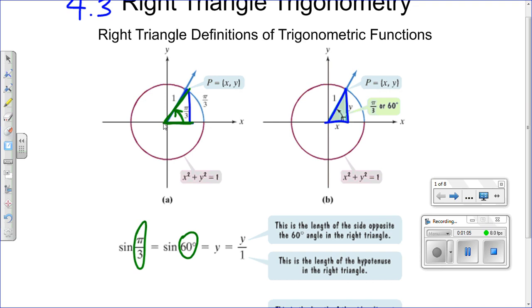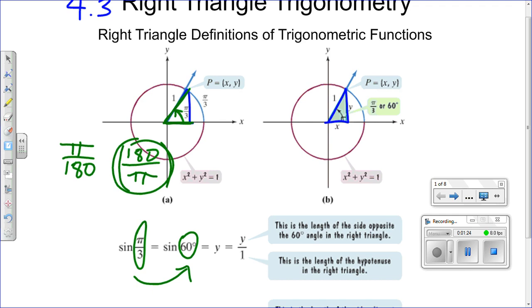If you forgot how to do that, remember the unit conversion factor pi over 180, or 180 over pi. If you're converting from radians to degrees, you will use this unit conversion factor to cancel pi. So we agreed that pi over 3 is equivalent to 60.